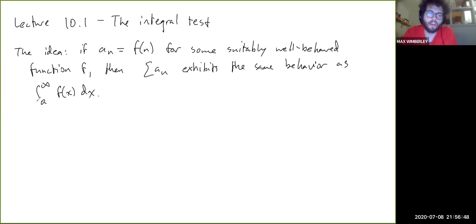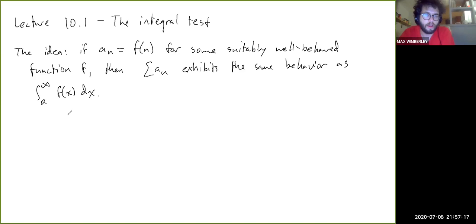The reason I say a here is just because, depending on how these things are indexed and depending on the function f you choose, you might want to take this integral from some other point on, out to infinity. But what really matters is that this integral's behavior depends basically only on the asymptotic behavior of f, and we don't really care about what's happening near a, as long as a is chosen correctly.